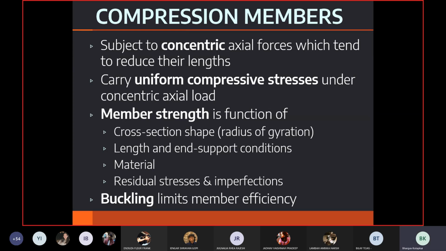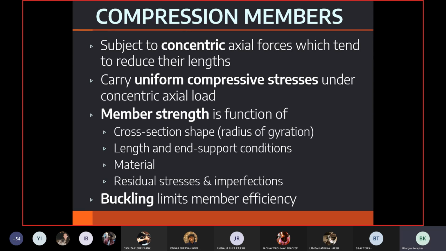The next factor is end support conditions. Now you again imagine yourself holding that ruler in between your palms and pressing it. So that is similar to a pin-ended or a simply supported condition. Now what you do is you clamp it in your palms and then you try to compress it. In that case, you'll notice that it will require larger effort on your part, which means that you did not change anything.